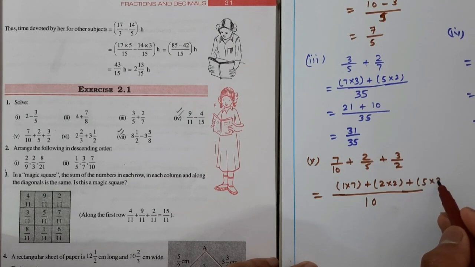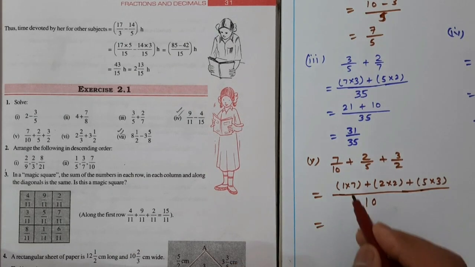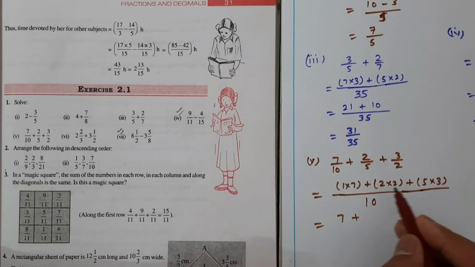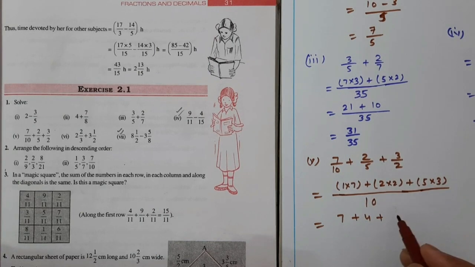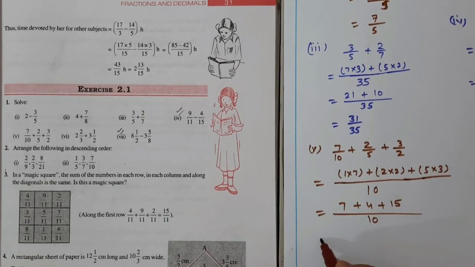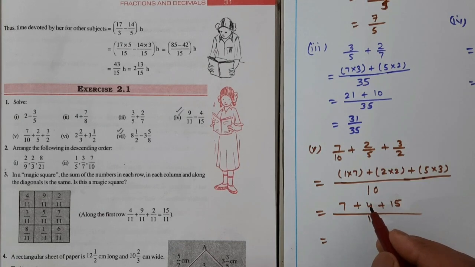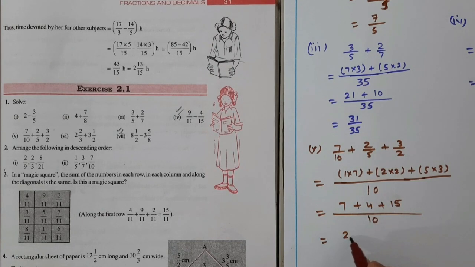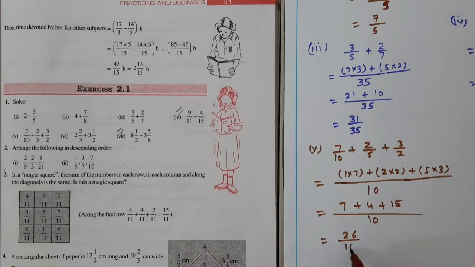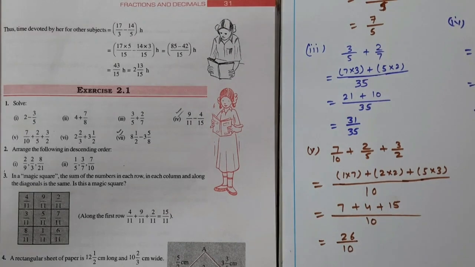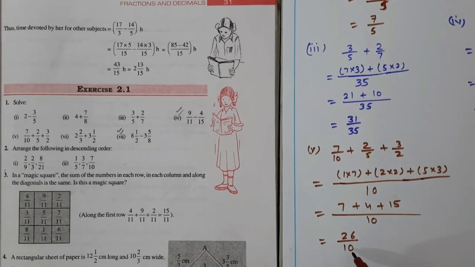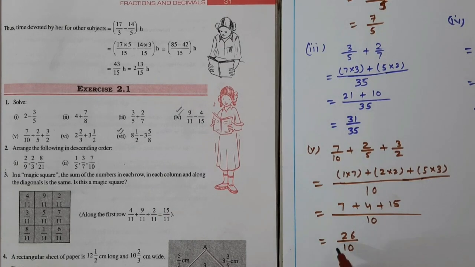Now 5 into 3. 1 into 7, 7. 2 into 2, 4. 5 into 3, 15 upon 10. 7 plus 4, 11. 11 plus 15, 26 upon 10. Here 26 and 10 are divisible by 2. So we can write 26 divided by 2 is 13 and 10 divided by 2 is 5.